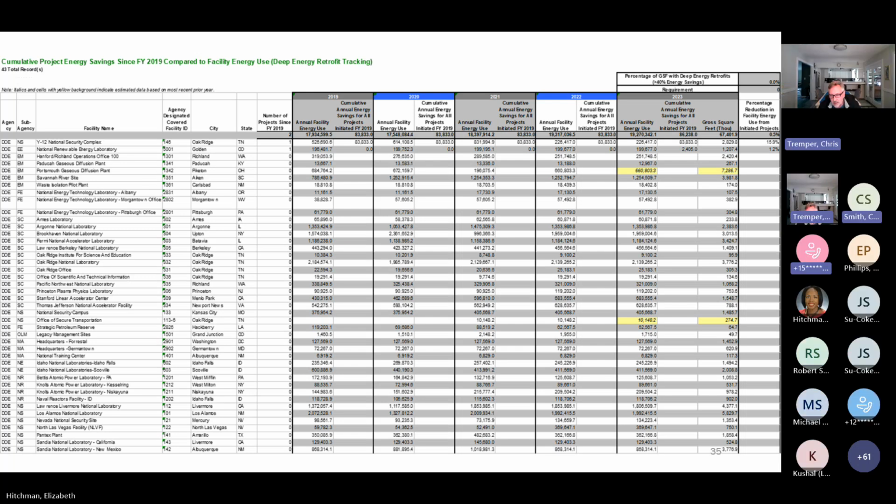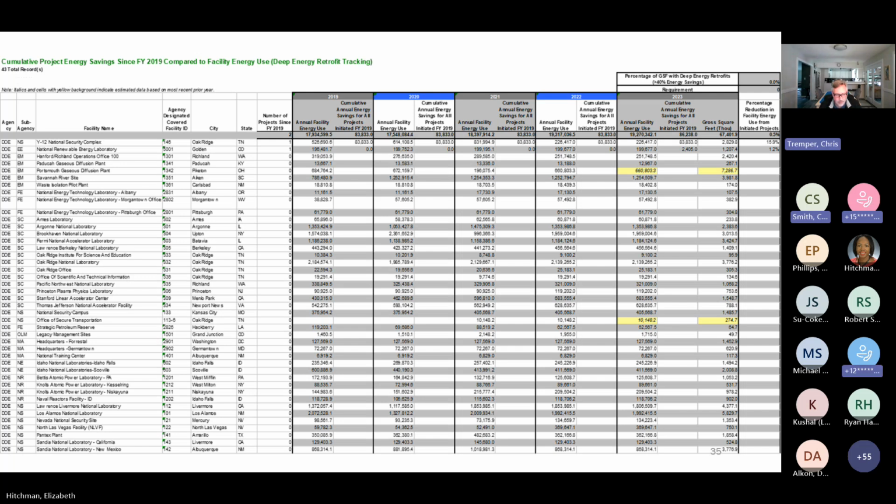As you begin reporting on all these projects over time, some of those percentages will be above a 40% reduction. And that means the entire square footage of that covered facility can count toward the deep energy retrofit goal. And you will also get an idea of how the agency overall is doing in terms of percentage reduction from facility energy use in the top line total there.